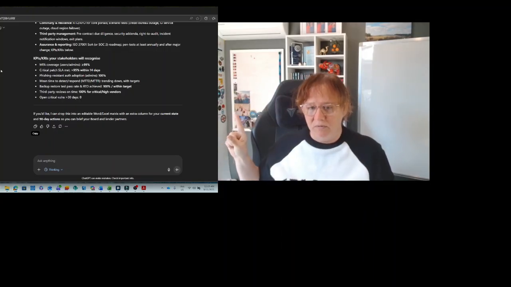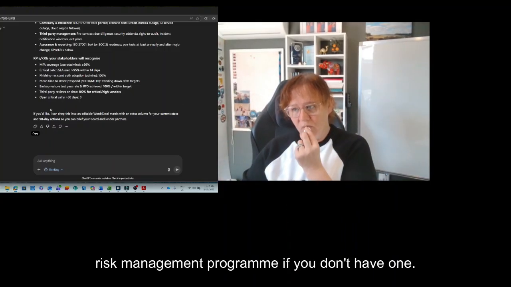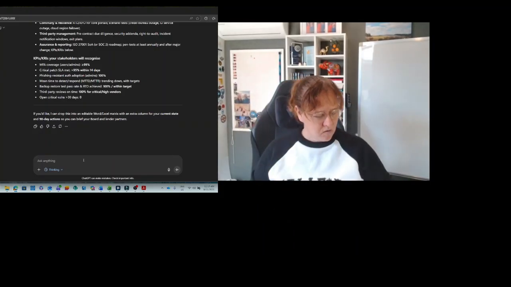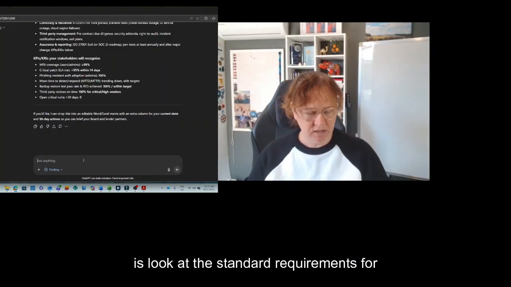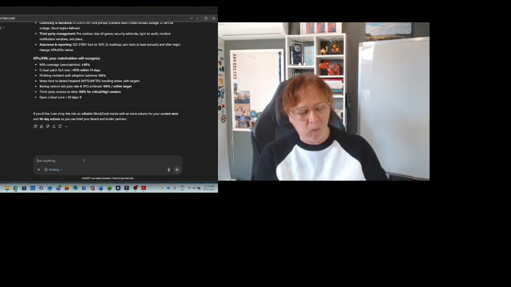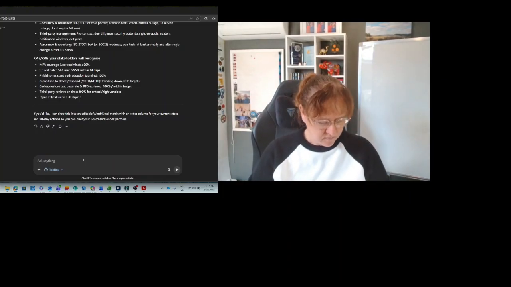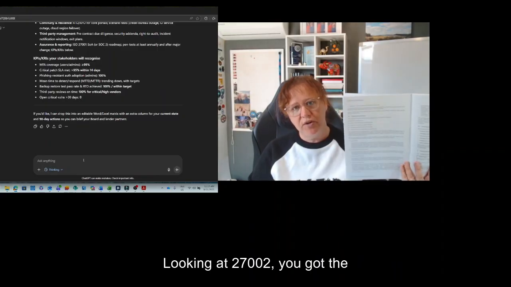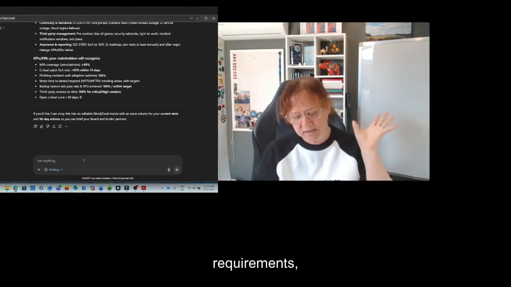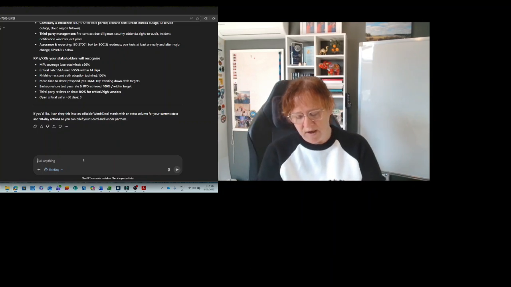So put that through your risk management program. If you don't have one, what you need to do is look at the standard requirements for risk assessment. In particular, looking at 27002, you've got the attributes of controls and the requirements, how they're there to manage risk.